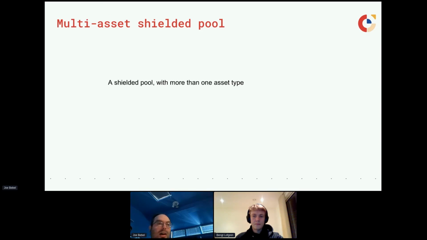The idea of a shielded pool is that you can use cryptography and zero-knowledge proofs to encode transactions that happen, and because you are using zero-knowledge proofs and cryptography to encode and to verify these transactions, they're so-called shielded.